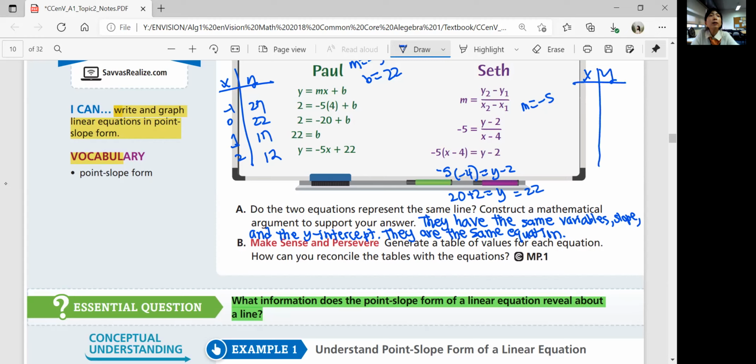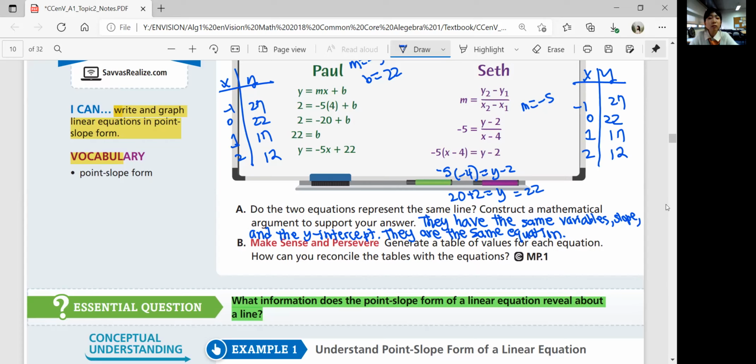What about Seth? Is it going to give us the same values? Plug in 0, we have 22. Plug in -1, 27; 1, 17; 2, 12; and so on. So what does that tell you? Because the equation represents all the points on the line and does not have a point where the equation is undefined, we know that the equations are the same.